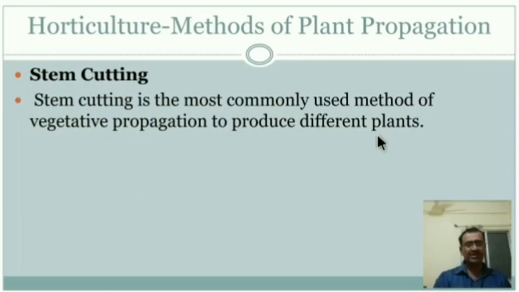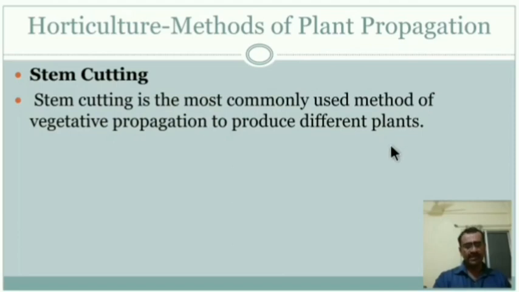The position of that stem is the natural position. That means the uppermost part which produces the shoot system is in the upward direction, and the part which produces the root system is in the downward direction.